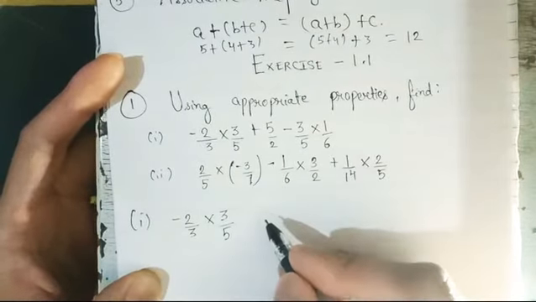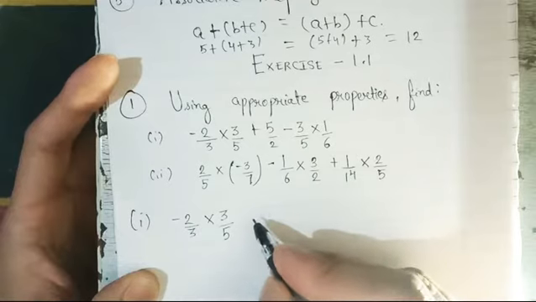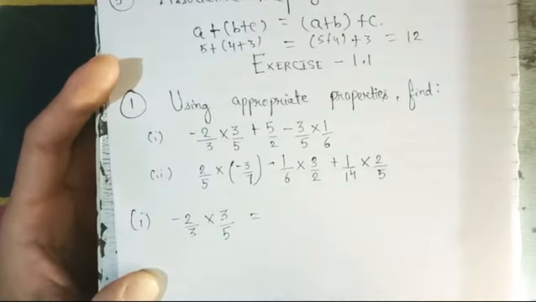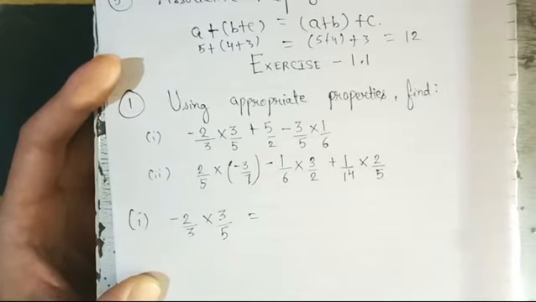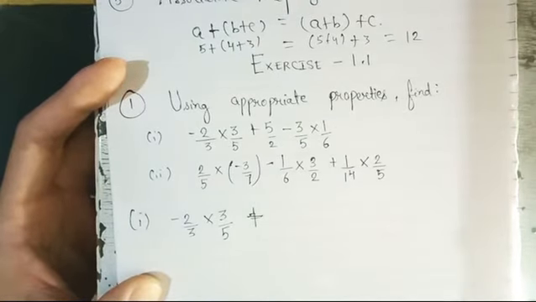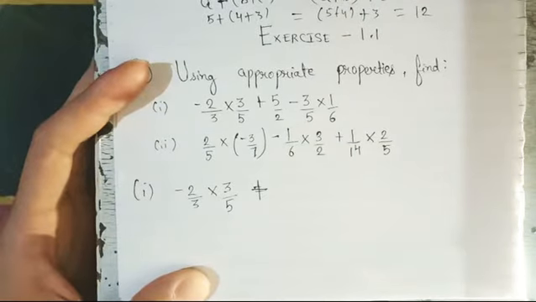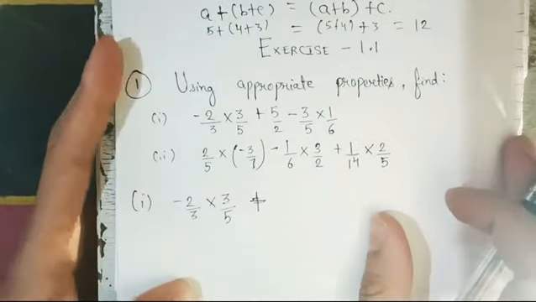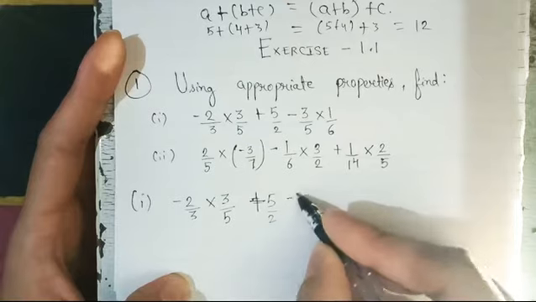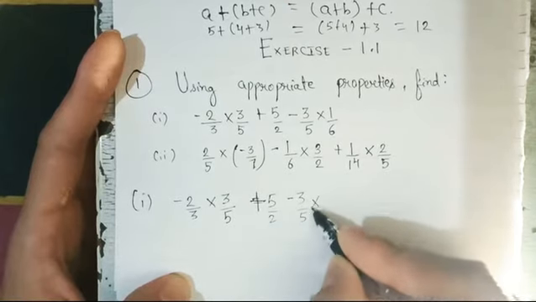First of all, write down the other terms also: minus 2 upon 3 multiplied with 3 upon 5 plus 5 upon 2 minus 3 upon 5 into 1 upon 6.